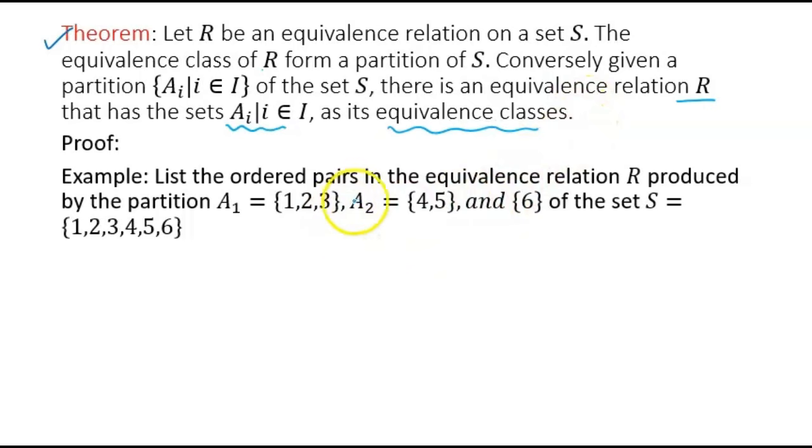So basically the idea was that if you have any set A, and on this set A you have defined an equivalence relation, then this set A will be partitioned into different equivalence classes. Yes or no? So suppose I say that these are the different equivalence classes. This is one class, this is another class, this is the third class, this is the fourth class, this is the fifth class.